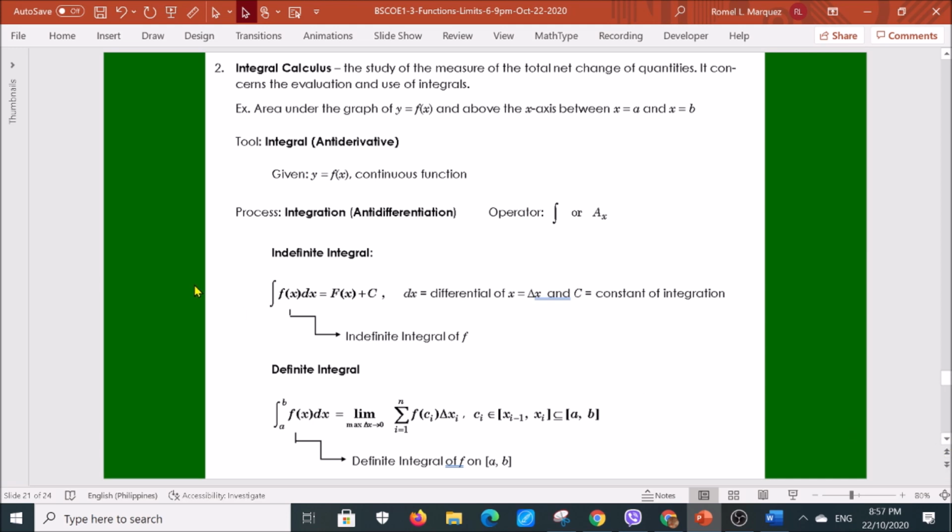So how do we interpret this basically? It is an area. The definite integral from a to b of f of x dx is interpreted as the area under the curve. So this is how it looks like.